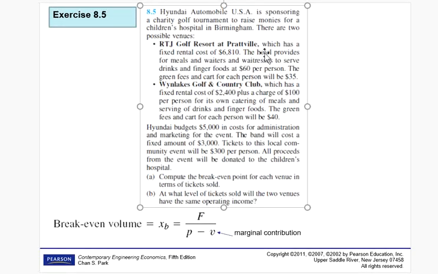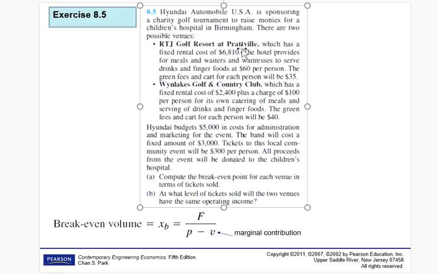So if you want to rent this venue, you have to pay fixed rent plus 60 per person for food and drinks, and the green fee and cart for each person will be 35. So this is another variable cost, 60 and 35. So your V is 95. This is F, and this is V, 60 and 35, right?